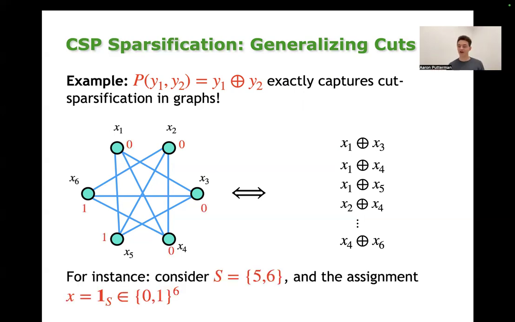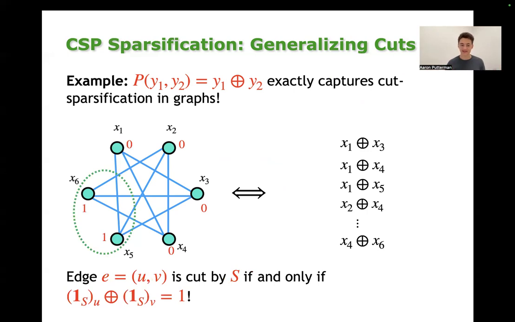Now the claim is that whenever you consider a cut in the graph on the left, this corresponds exactly with an assignment to the variables in the CSP. As an example, if we consider the cut S, which uses vertices 5 and 6, the corresponding assignment is just the indicator vector for the set S. That means x5 and x6 would be set to 1, while all of the other variables would be set to 0.